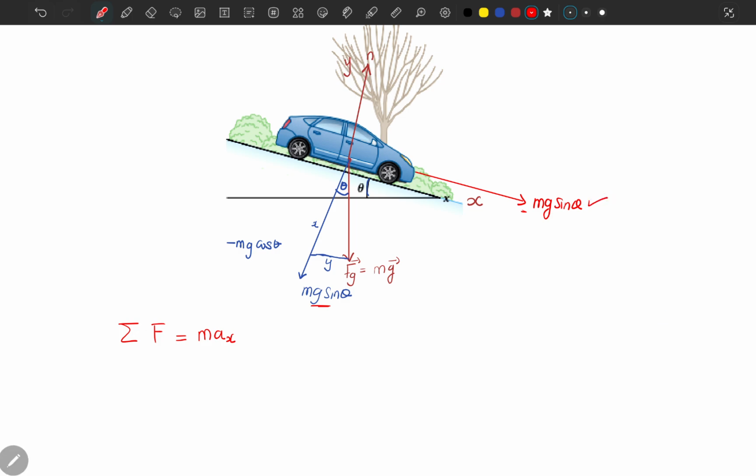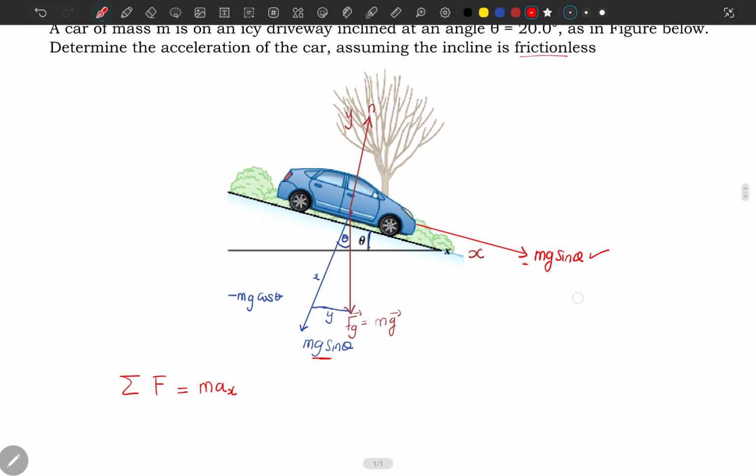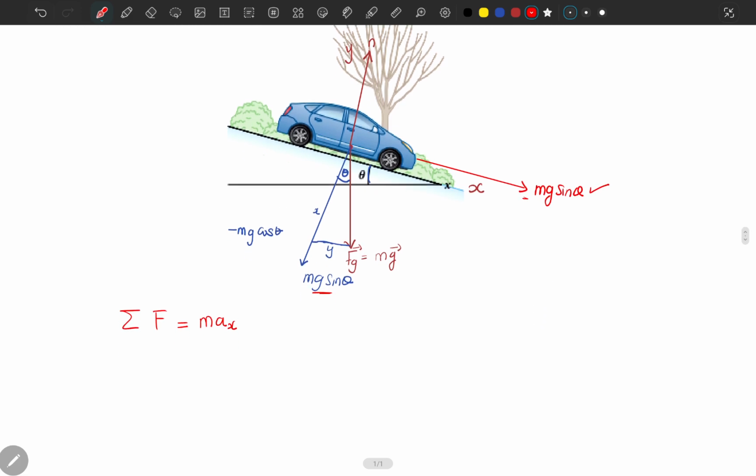It's frictionless, meaning there's no friction. If there was friction, I could have drawn another arrow here for friction, but it's a simple mechanics question. So what force do we have in the X? We only have mg sine theta. This is equal to mass times acceleration in the X. Dividing by mass, acceleration in the X is equal to gravity times sine theta.